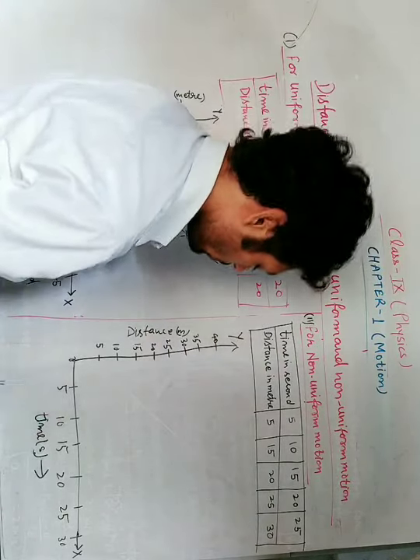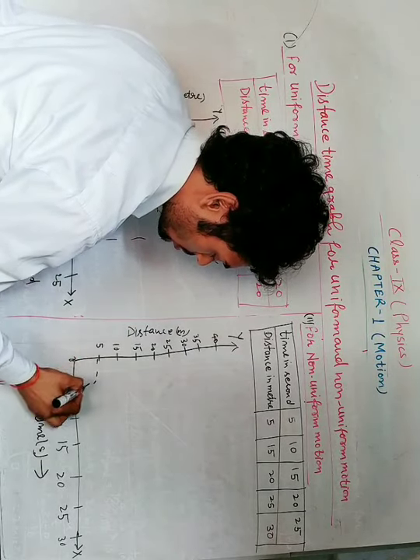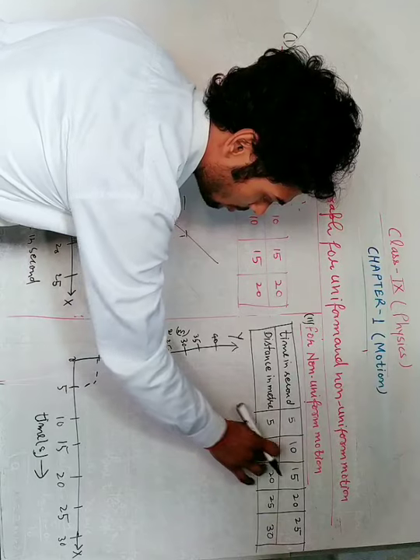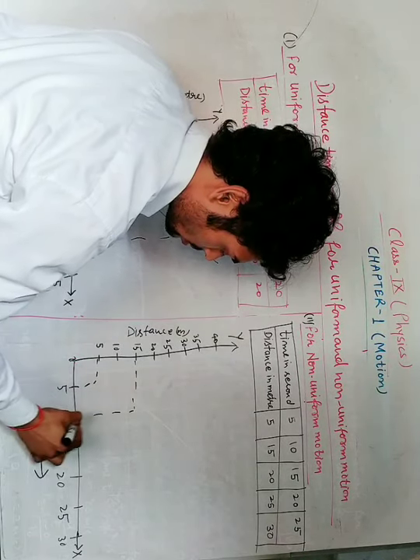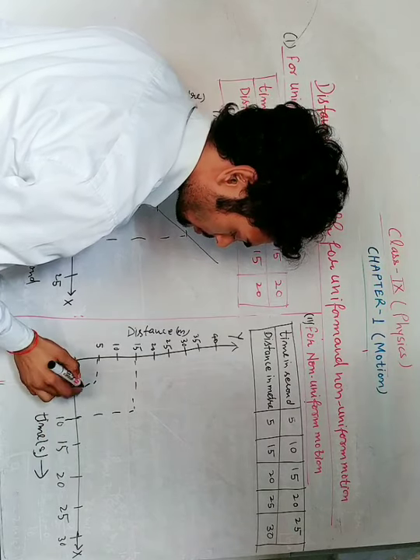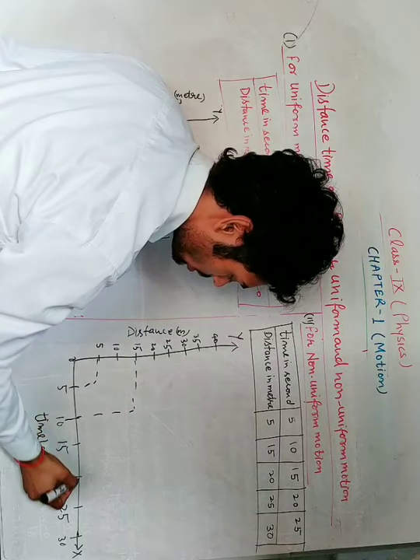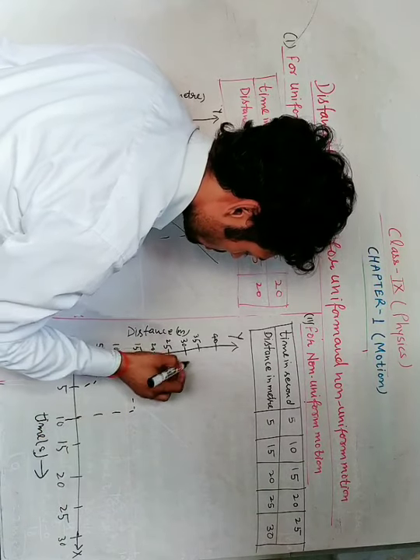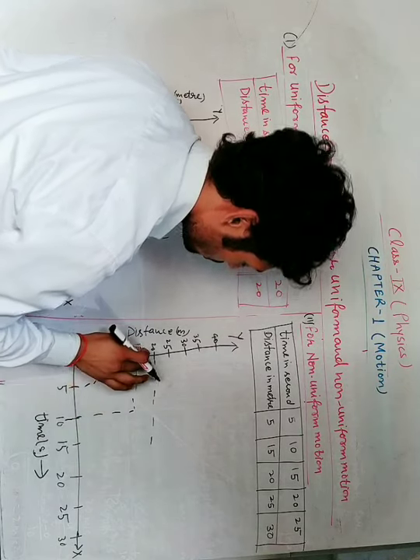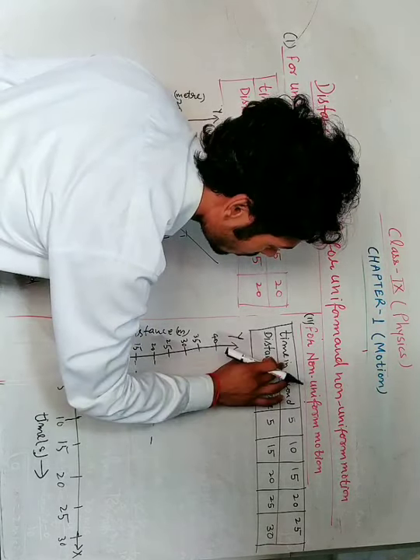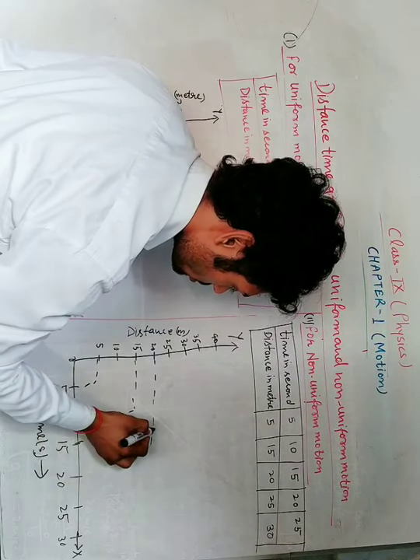So how can we draw this graph? It starts with 5 meters in 5 seconds, and next 15 meters in 10 seconds, then 20 meters distance in 15 seconds.